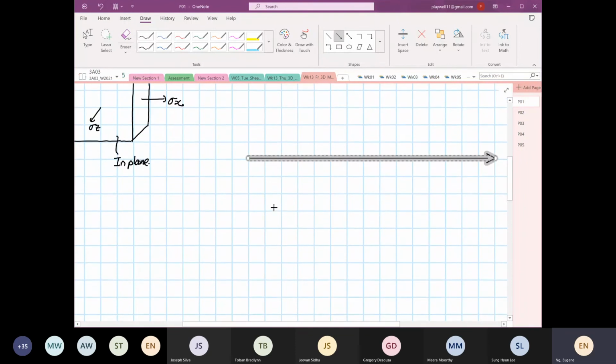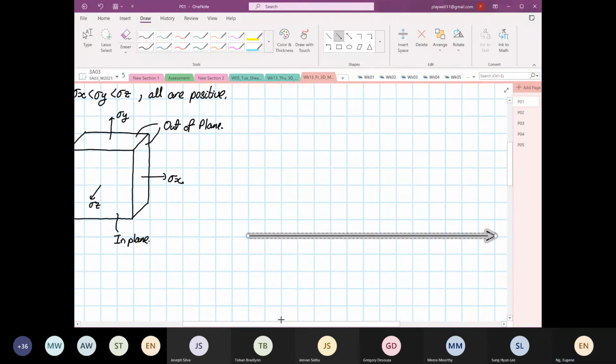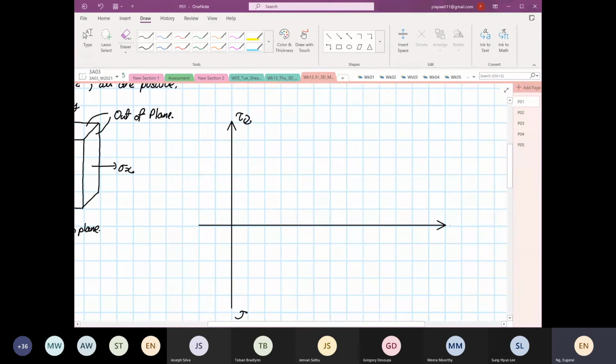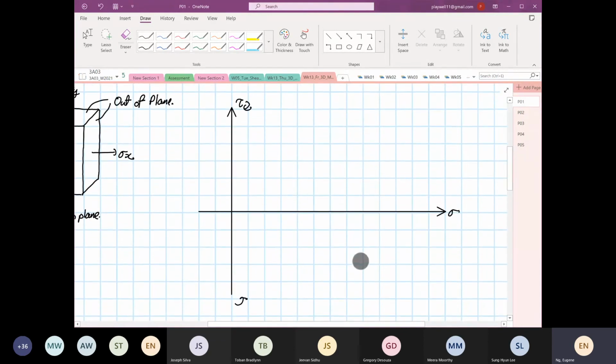So there is our normal stress. Over here is our shear, with clockwise rotation and anti-clockwise rotation, and this is our normal stress.